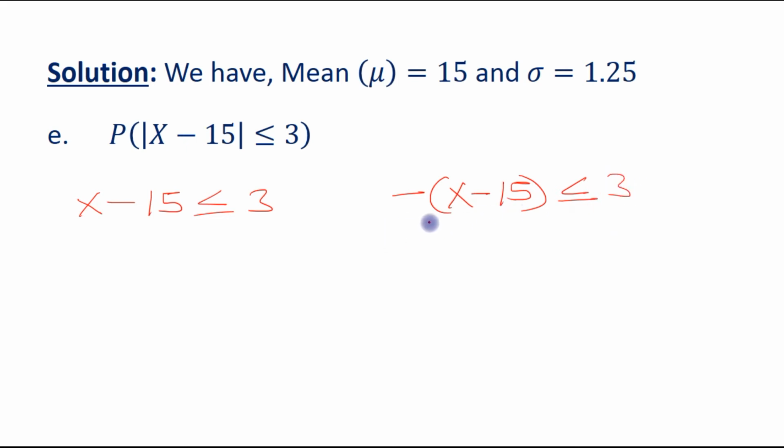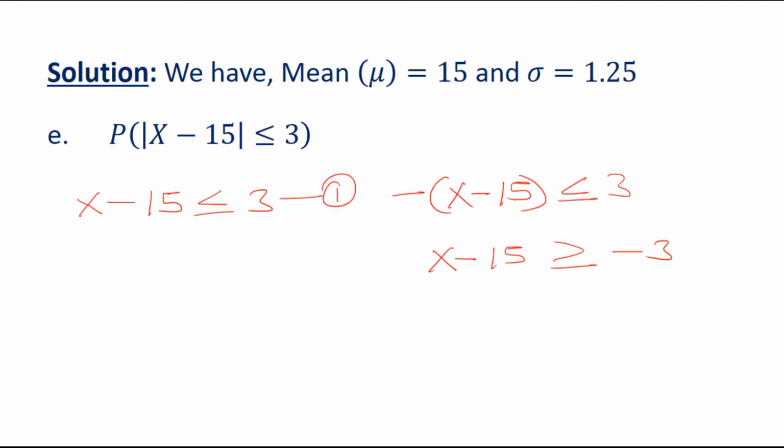We can multiply this equation by minus 1 and this will become x minus 15 is greater than and equals to minus 3. We know that when we multiply the whole equation by minus 1, then the sign of inequality changes. So this will become x minus 15 is greater than and equals to minus 3.